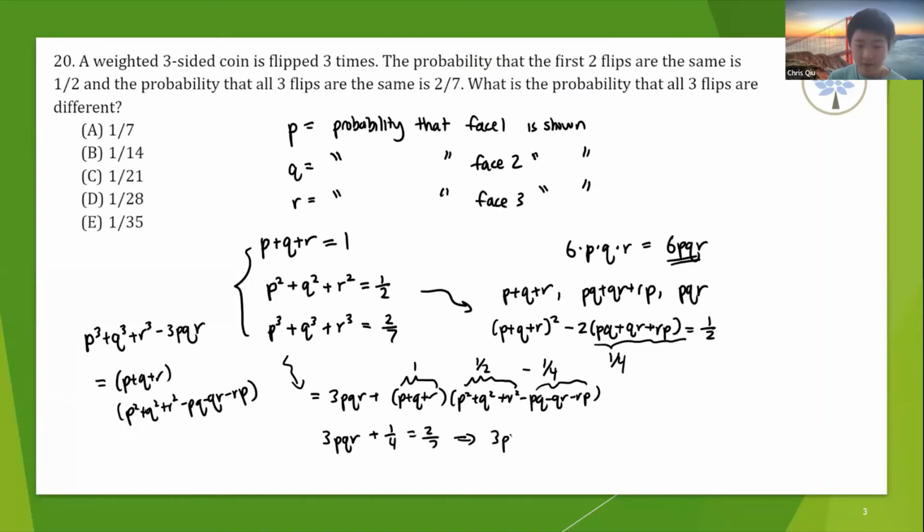And from here, you can finally calculate 3PQR, which is equal to 1/28. And from here, you can find the final answer of 6PQR is equal to 1/14. And that gives us a final answer of B.